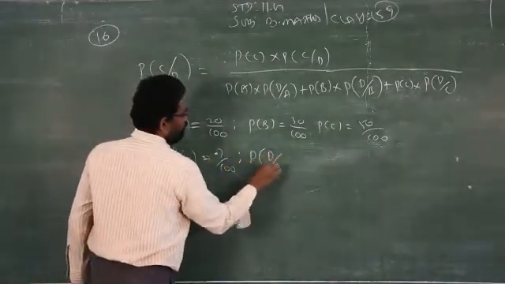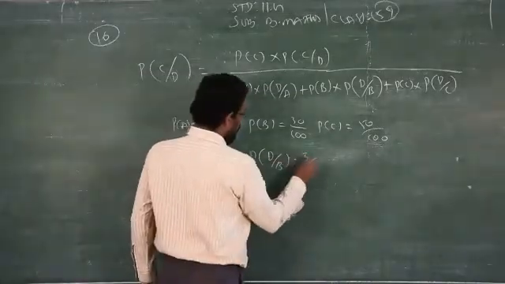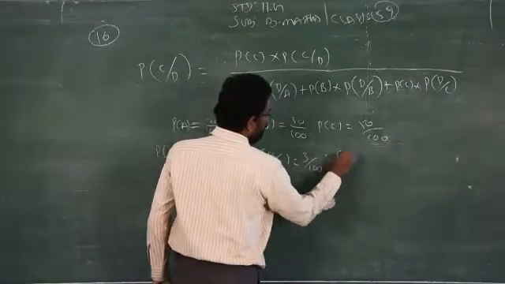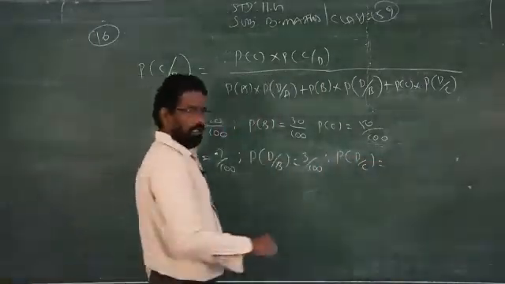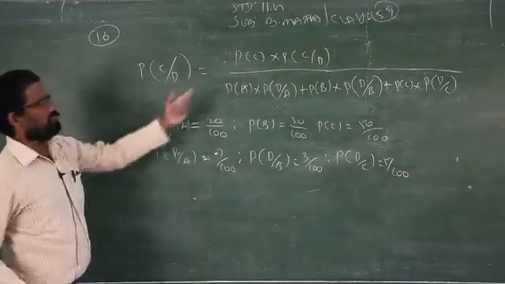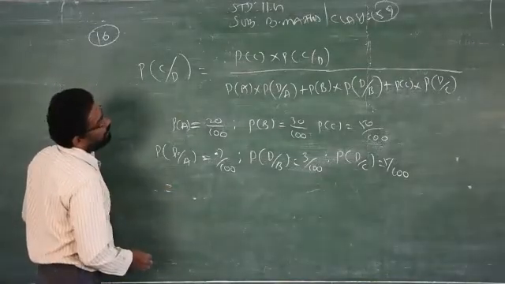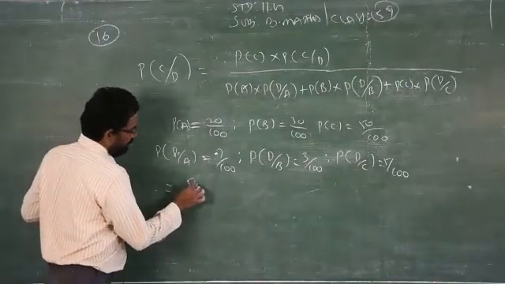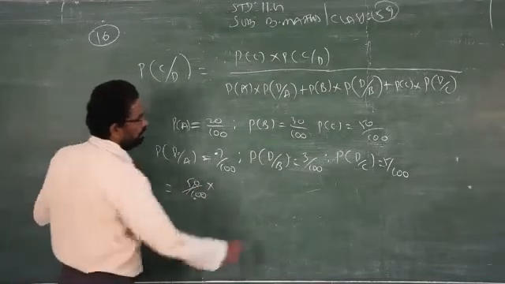Defective from B is given 3 by 100, then defective from C is given 5 by 100. Clear? Just you have to replace in the required formula, you will get the answer. Let's see. P of C is given 50 by 100 into what is D by C? C by D.